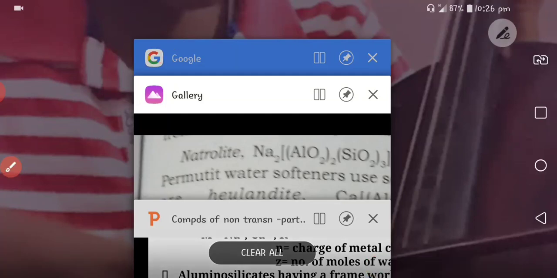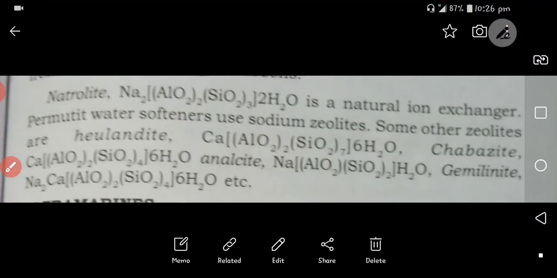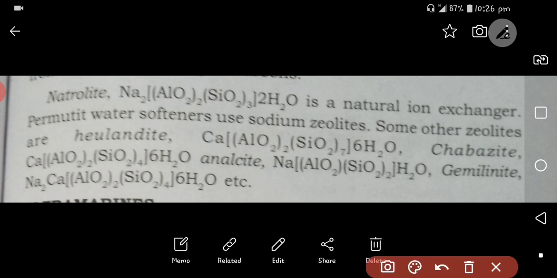Here you can see some examples of the zeolites. The first one is natrolite. Natrolite has the formula Na2(AlO2)2(SiO2)3·2H2O. In the general formula we have written M x/n, where x is the number of AlO2 and n is the charge of the metal.